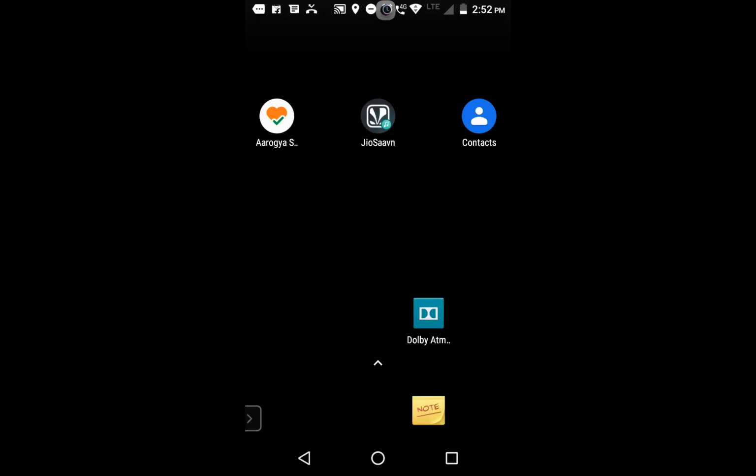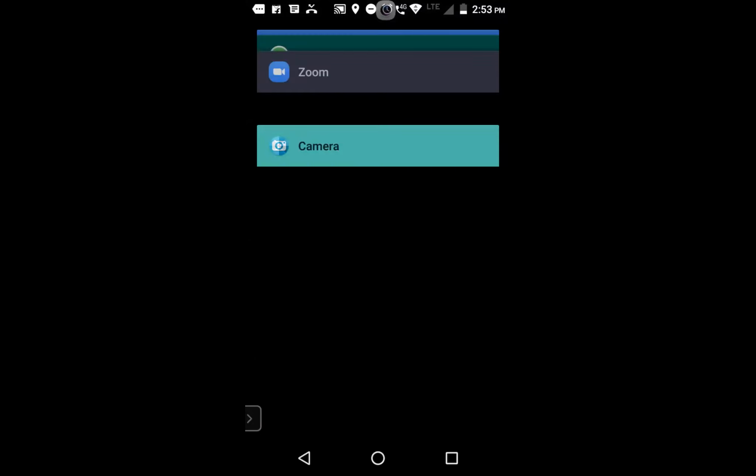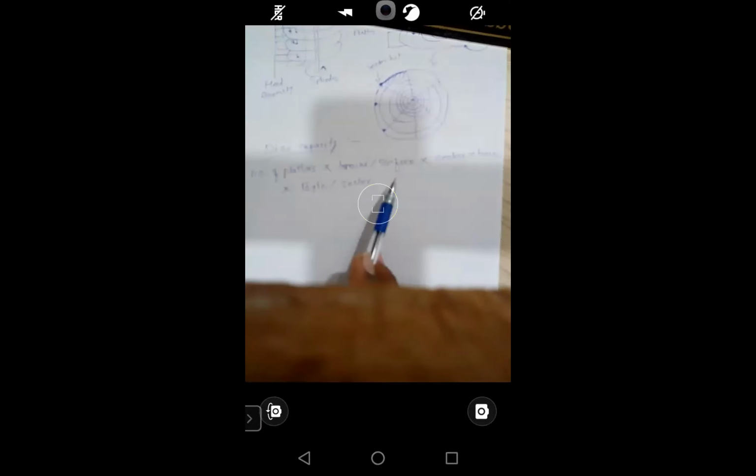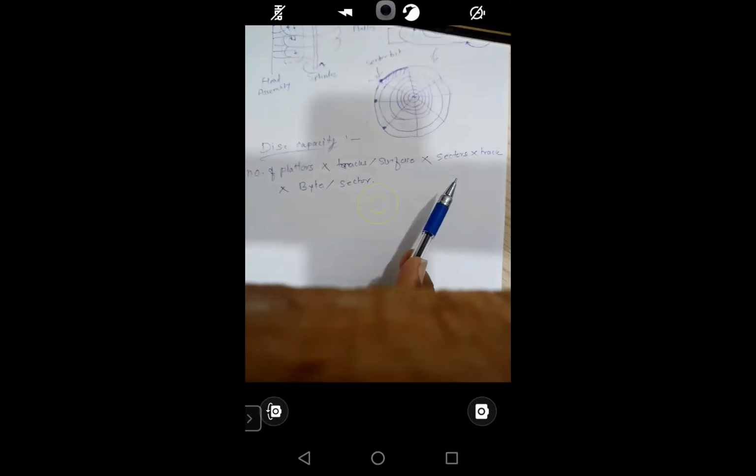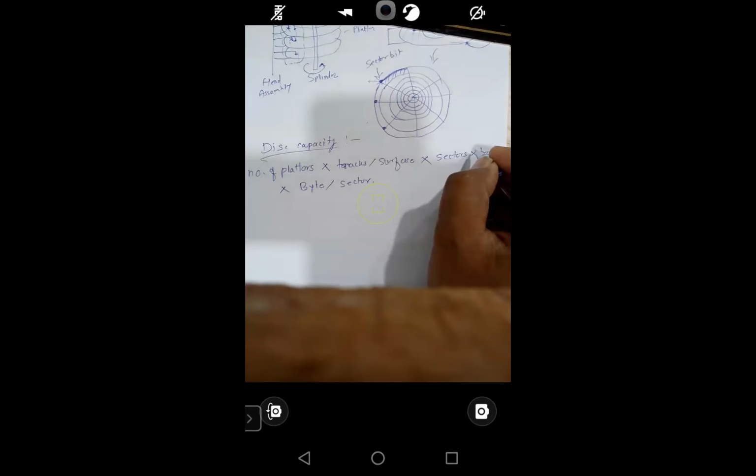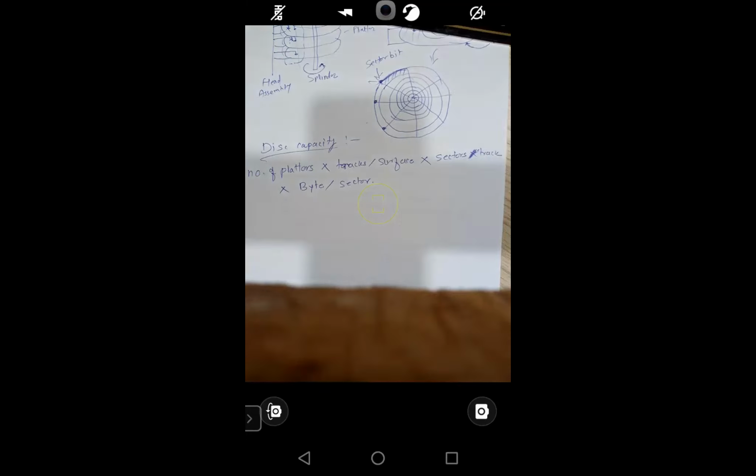Similarly, for how many bytes or bits of data it carries, you use this formula: number of platters into tracks per surface into sectors per track into bytes per sector. This way we can easily calculate how many bytes of data this hard disk can hold.